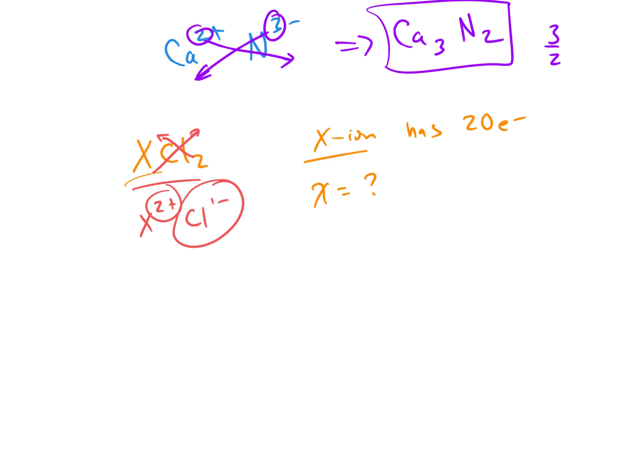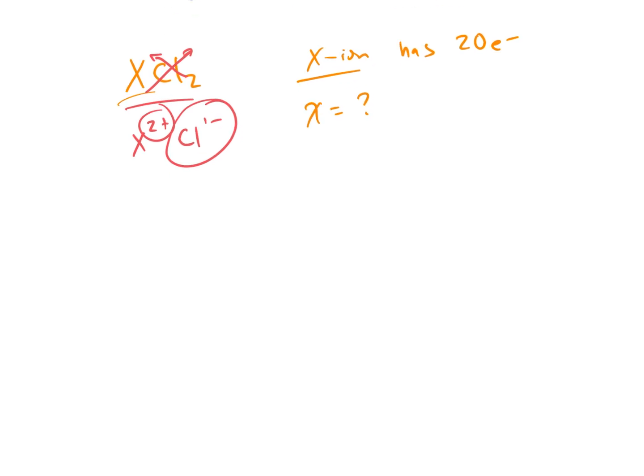Should I show you a way that if you do it this way, you'll never go wrong? This is the way I like to do it. We have XCl2, and I put a line between the cation and the anion, and a line underneath it. This is just to organize it. You don't have to do this physically, but if you can see it without doing it, great.